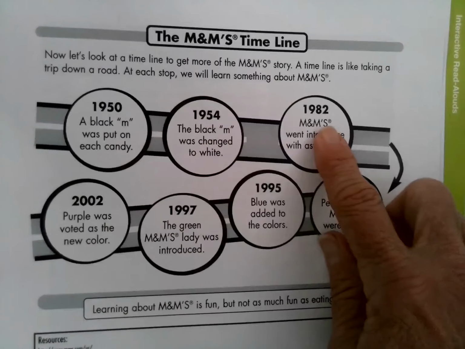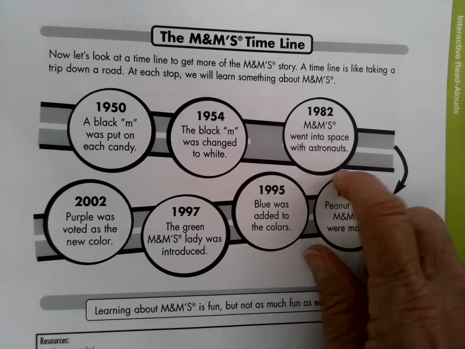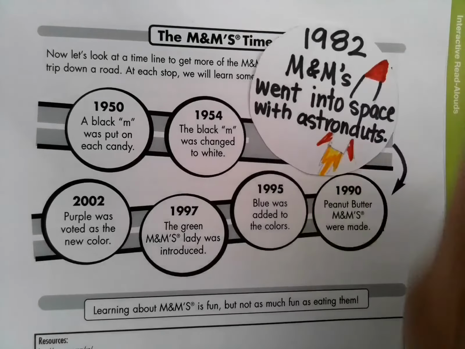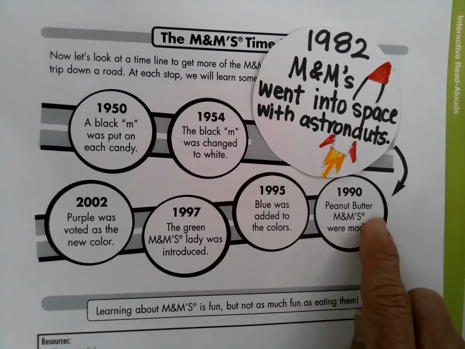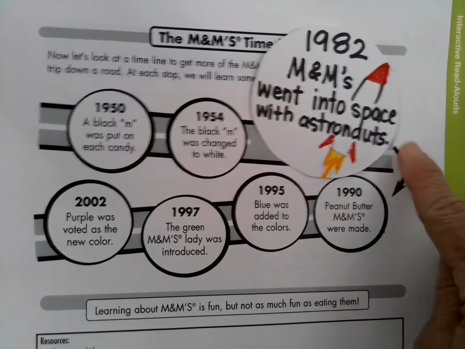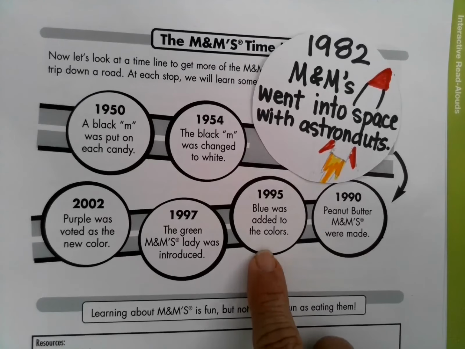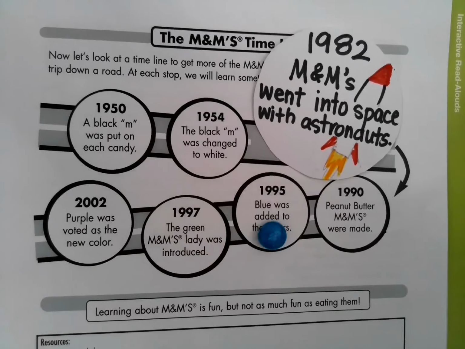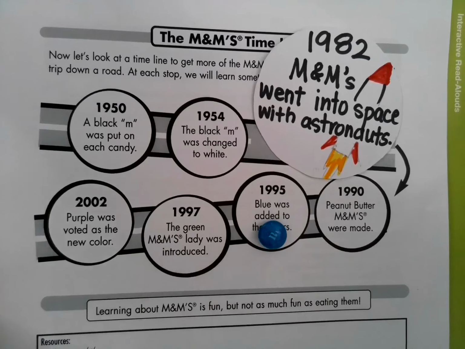In 1982, M&Ms went into space with astronauts. James, I made this for you. In 1990, peanut butter M&Ms were made. All right, so our timeline's going this way. In 1995, blue was added to the colors. There's just a blue one. In 1997, the green M&Ms lady was introduced.